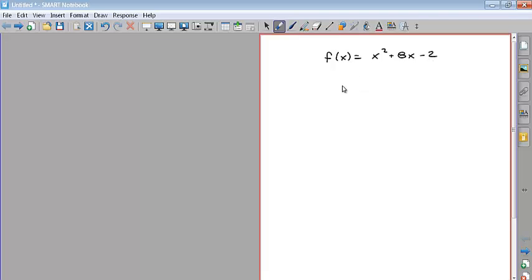And what I'm looking for is putting it in standard form, calculating the x and y intercepts, the vertex, and the axis of symmetry, and then sketching the actual function. So let's go ahead and put it in standard form first.